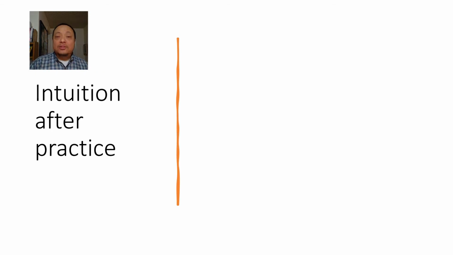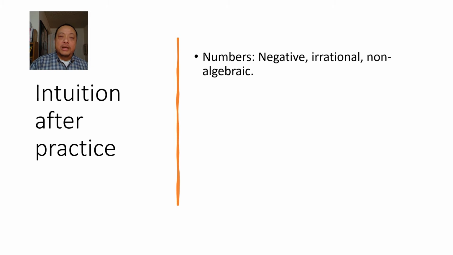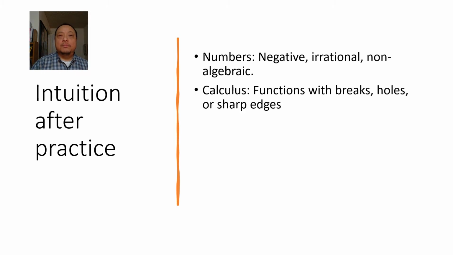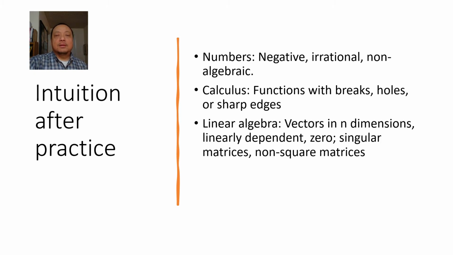It takes practice to remember to think about things that are less nice. Negative numbers, irrational numbers, non-algebraic numbers. Functions that are not continuous, they have breaks or holes. Or they have sharp edges, meaning the first derivative is not continuous. Vectors that stick out of the xy plane. Vectors in n dimensions.